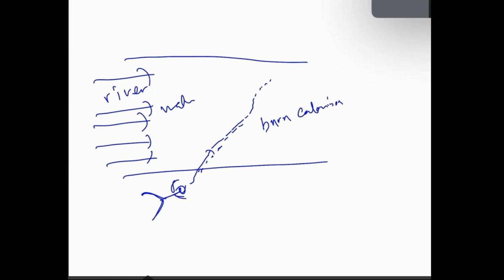This calorie we call work, which the swimmer needs to cross the river due to the flow of water, the direction of current flow. So this is what we call line integral.